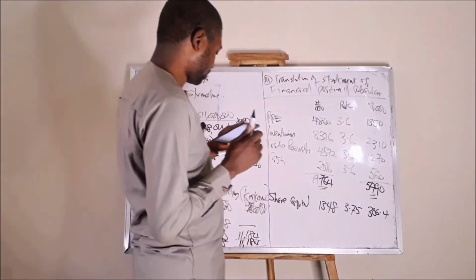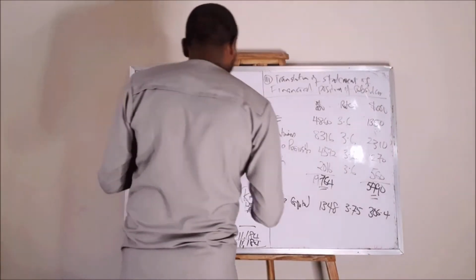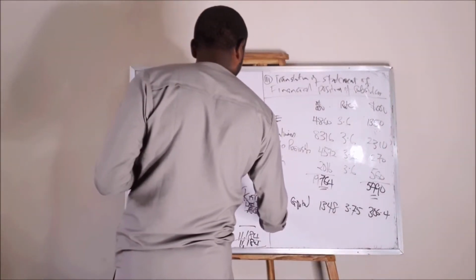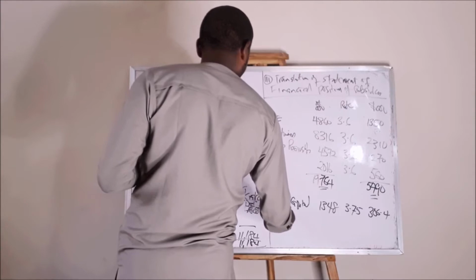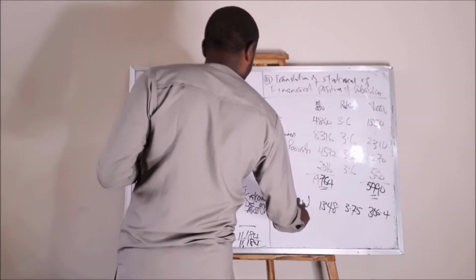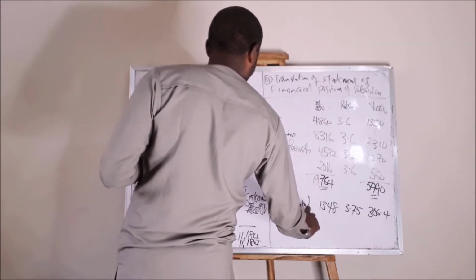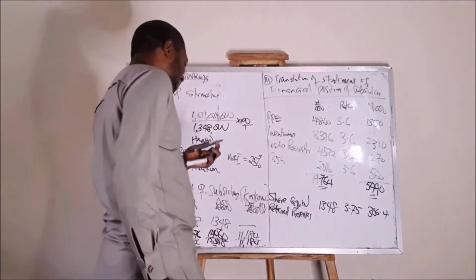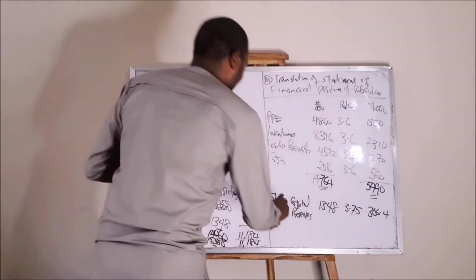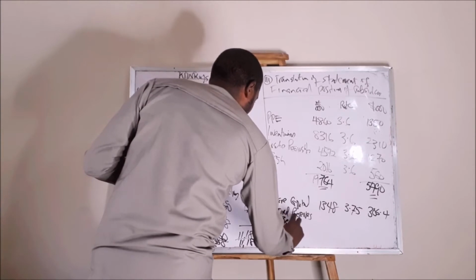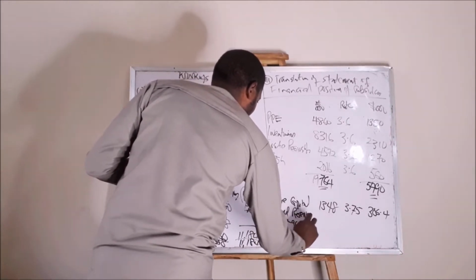Then retained reserves. There's no share premium. Remember I told you retained earnings are divided into two: we have pre-acquisition profits.